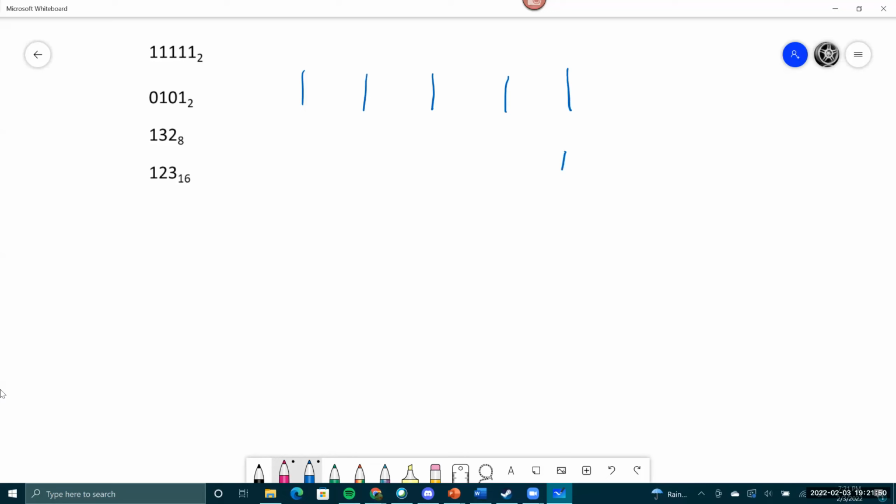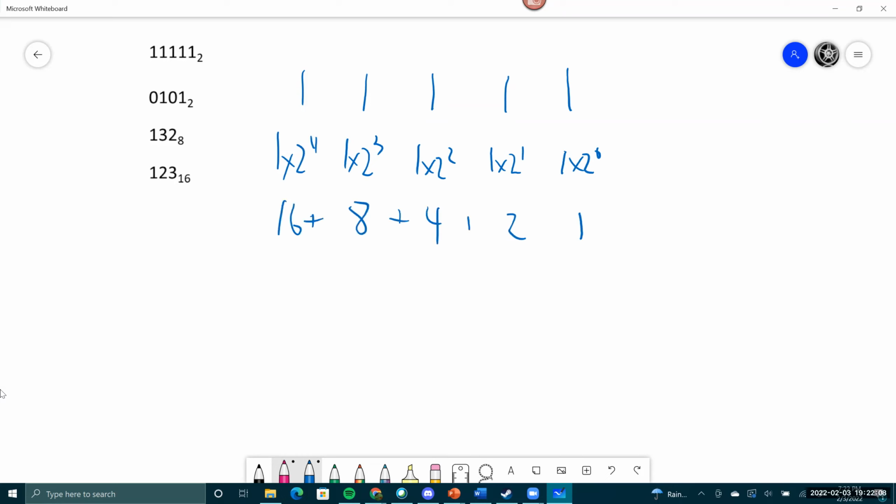This is 1 times 2 to the 0, 1 times 2 to the 1, 1 times 2 squared, 1 times 2 to the 3rd, and 1 times 2 to the 4th. So this is 1, 2, 4, 8, and 16. I add it all up, and this gives me 31, base 10.